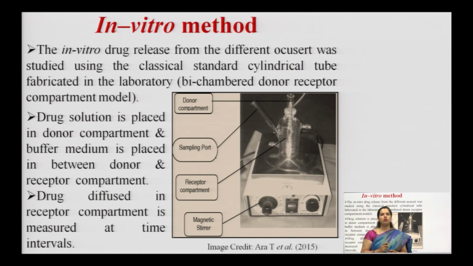In vitro drug release from the different occluserts was studied using a classical standard cylindrical tube fabricated in the laboratory, a bichamber donor receptor compartment model. So, this equipment is termed the bichamber donor receptor compartment model. Drug solution is placed in the donor compartment, and buffer medium is placed between the donor and receptor compartments. Drug diffused into the receptor compartment is measured at time intervals.